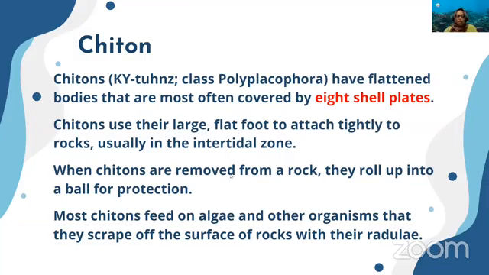When chitons are removed from a rock, they roll up into a ball for protection. That's their mechanism. Most chitons feed on algae and other organisms that they scrape off the surface of the rock.